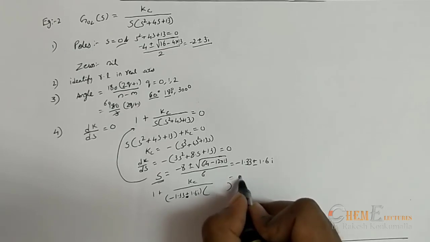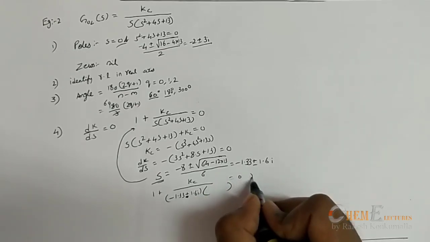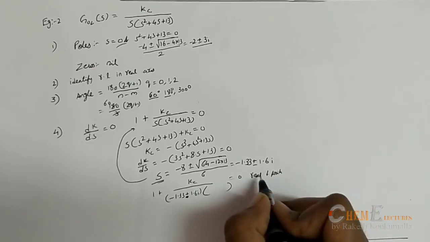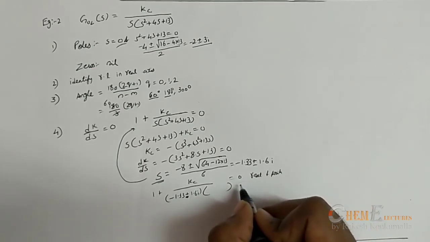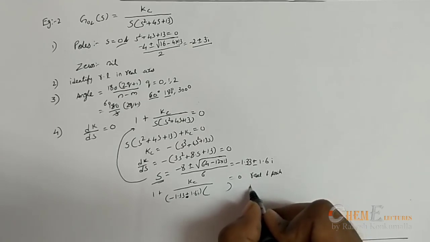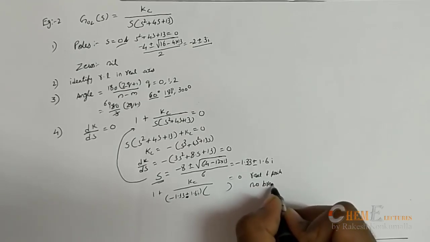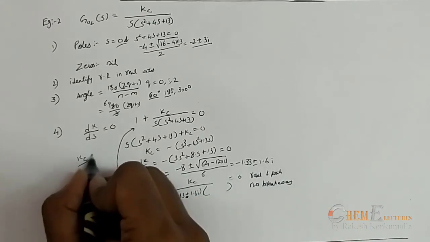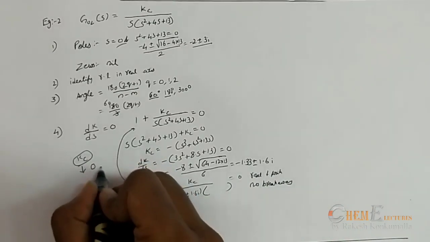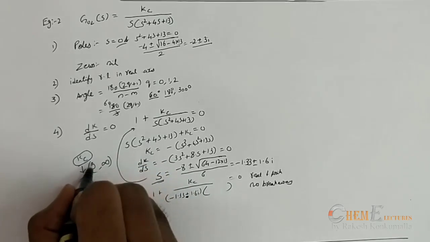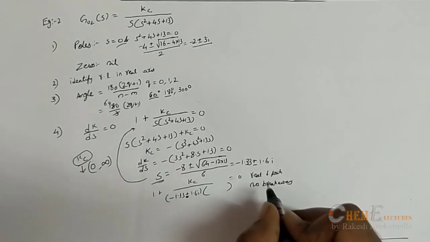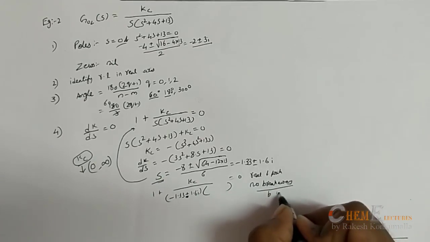Now from the whole equation you can see that k is not a real and positive function, which is having imaginary values if you simplify it, which means there is no breakaway or break-in point, because the kc, the controller gain, is always tending from 0 to infinity, a real value. It won't be in terms of an imaginary value. No breakaway and break-in point here.